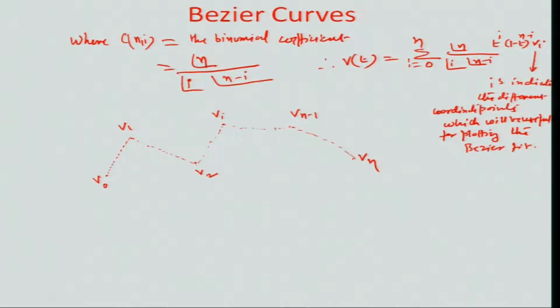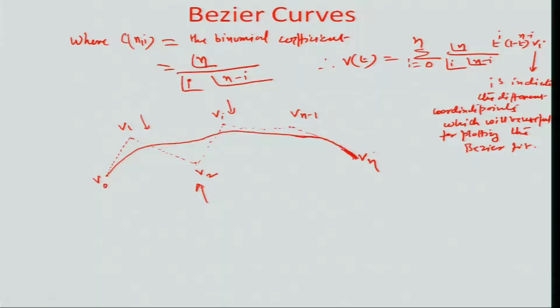The Bezier fit would look something like this between the different points, and the mere variation of such points would give a curvature variation in a local domain, which can be used to create a family of curves that can be fitted to the realistic situation. So that is how the Bezier fit is achieved.